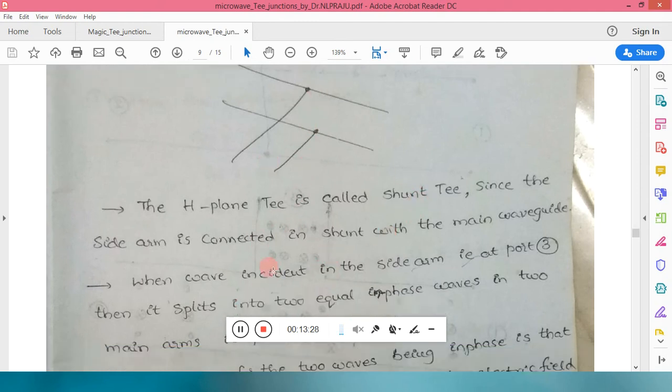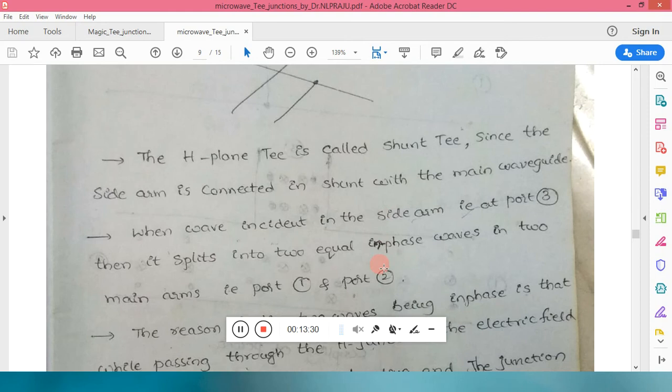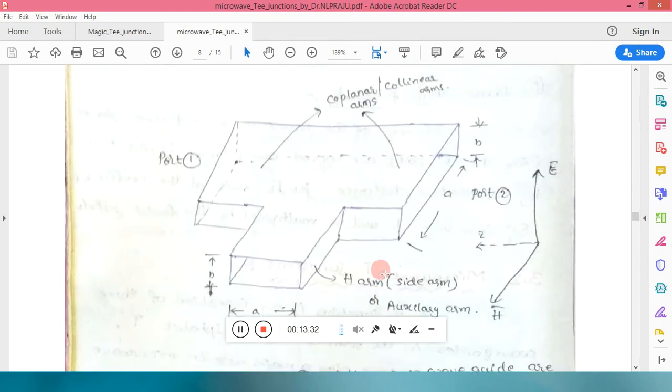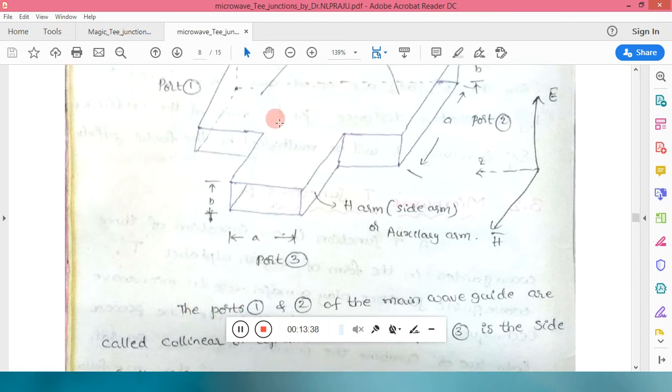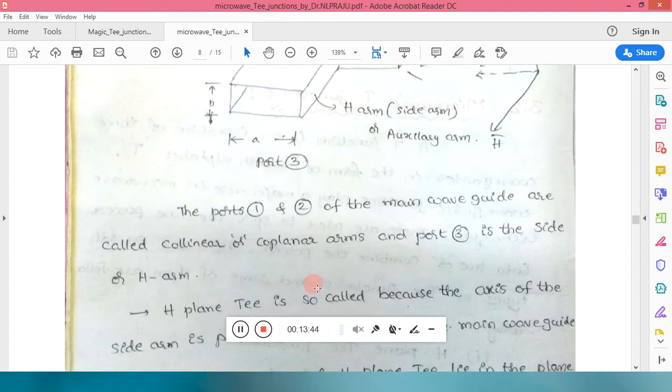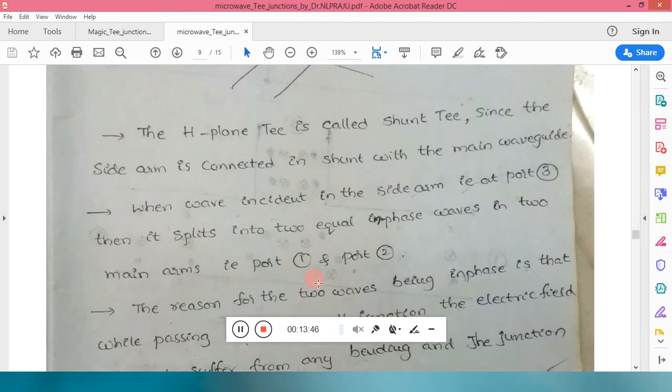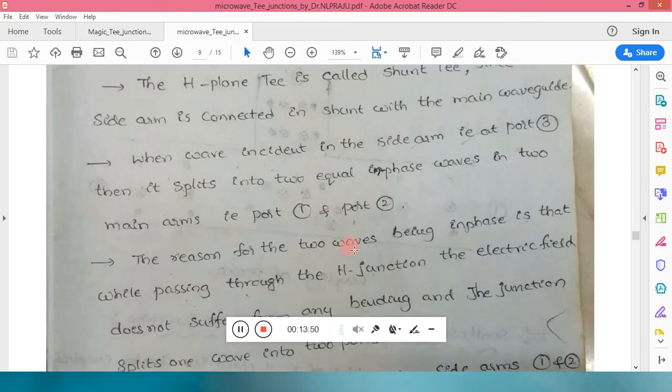When the wave is incident at port 3, the input at port 3 is equally distributed into this direction and this direction, with the same phase angle. So at port 1 and port 2 we get in-phase waves.